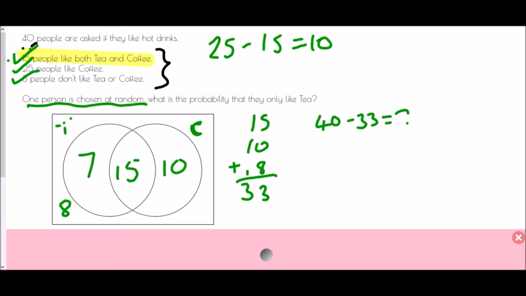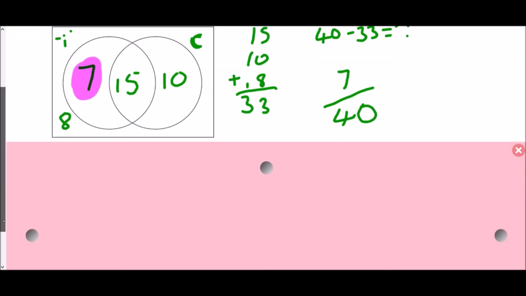We are dealing with the 7 people who only like tea. So our probability would therefore be 7 out of 40. And with probability, generally fractions are the best way to go, because they're the easiest way to actually answer the question, and it means that we can very quickly get a result.